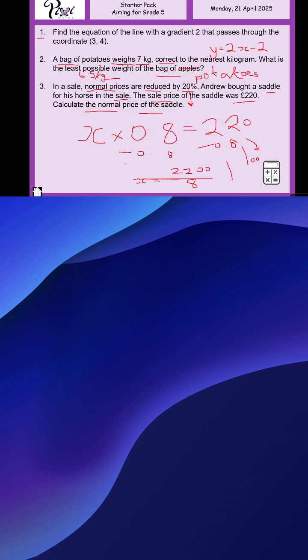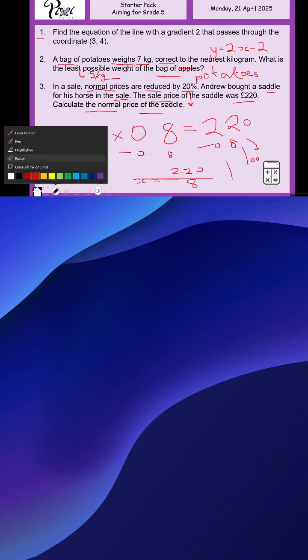So the normal price of the saddle is £275. That, guys, is my final answer. It's the same as doing 2,200 divided by 8. If you plug it into your calculator, you'll get 275.